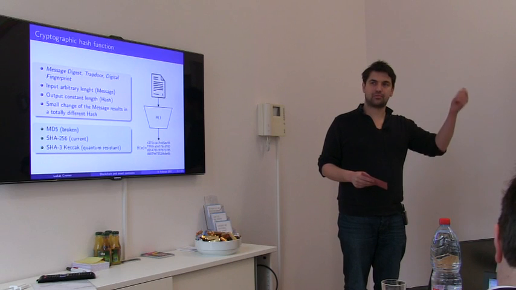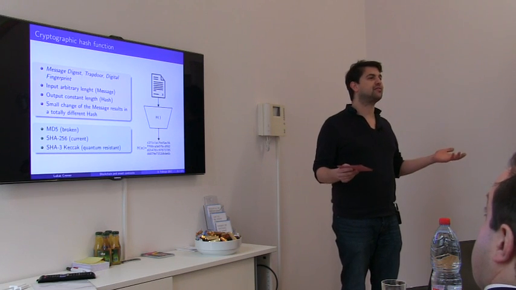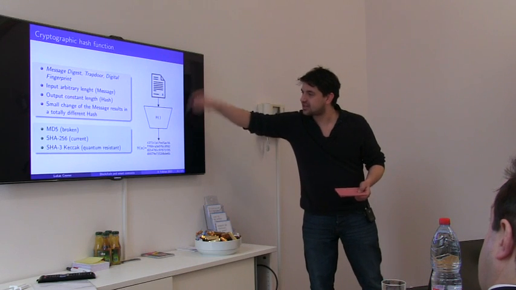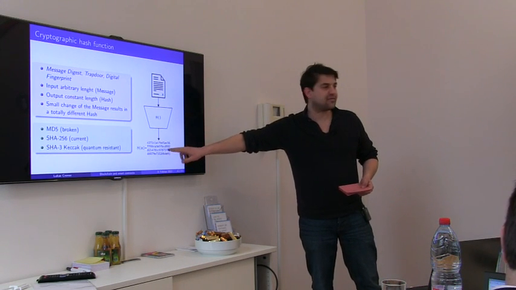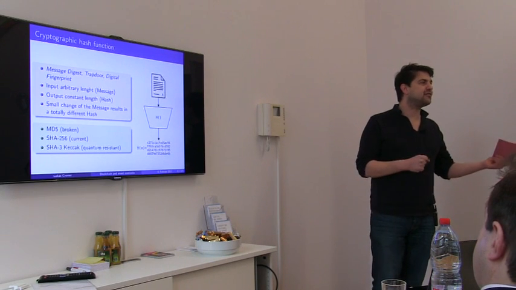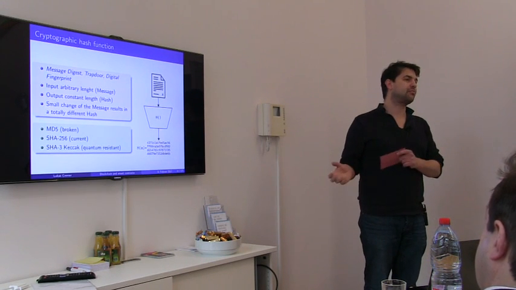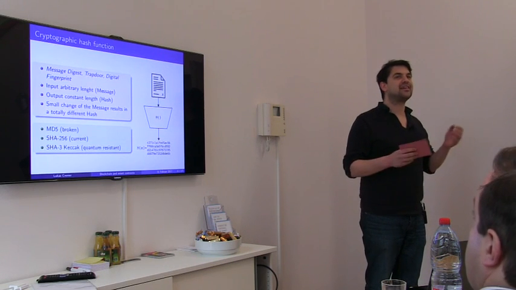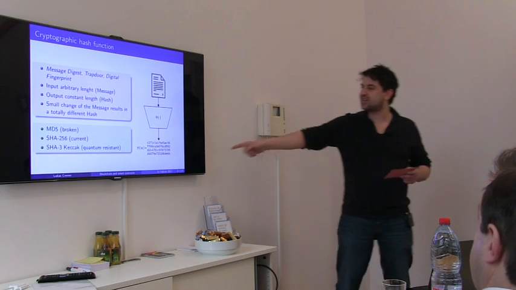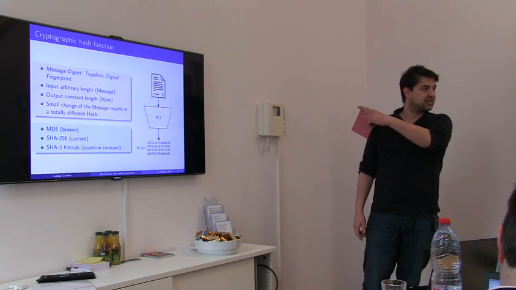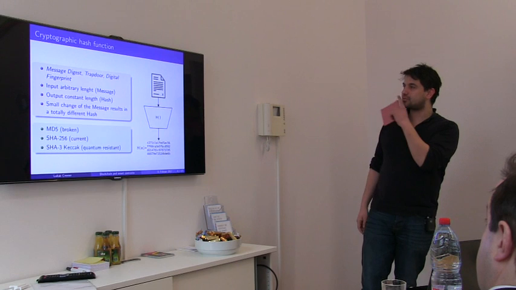You can take every piece of data from the internet and put it through this hash function, and you will have a fingerprint of it, and you can identify data with this fingerprint. So you are sure, when you see the hash and you put data in, that it really was originally this data that was inputted.